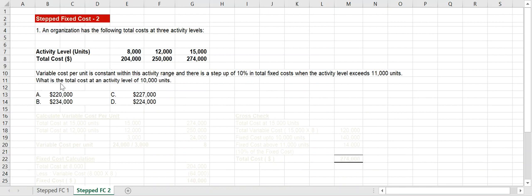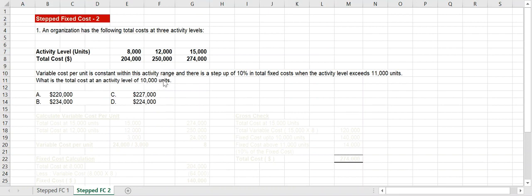Now you are required to calculate the total cost at 10,000 units. So you are given four answers. Let's see what will be the correct answer. First and foremost, we need to calculate the variable cost, then identify the fixed cost. Afterwards we can calculate the total cost at 10,000 units.